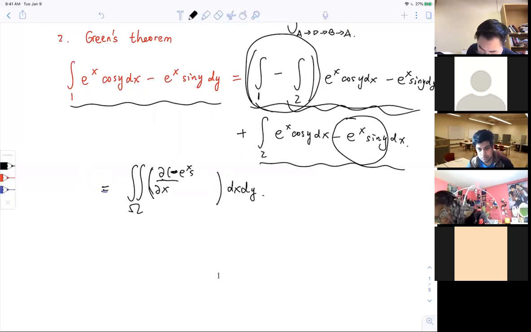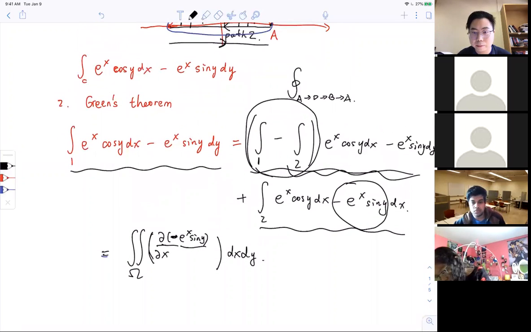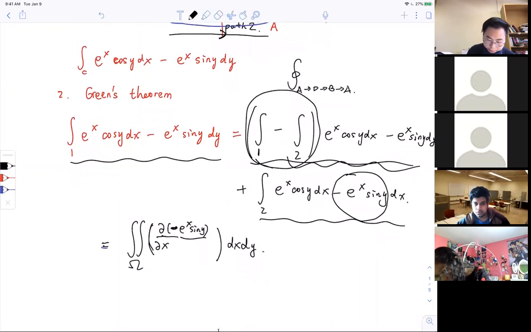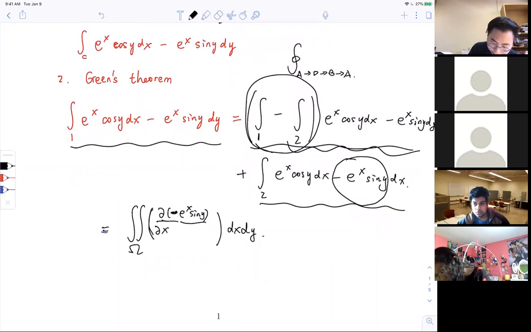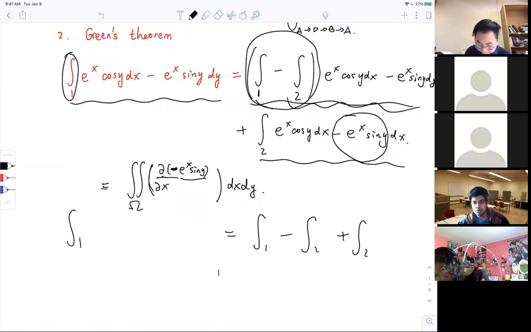I have a quick question. Is the right-hand side integral 1 minus integral 2 plus integral 2, because you're subtracting integral 2? Right. The left-hand side is just integral 1, and the right-hand side is integral 1 minus integral 2 plus integral 2. They are equal. The second term cancels with the third term.